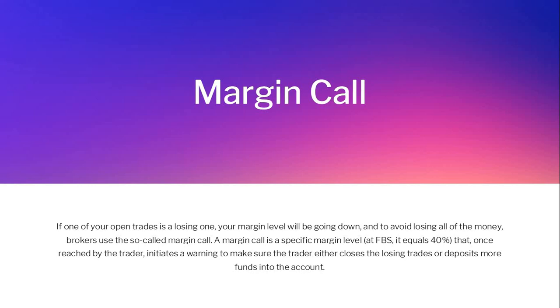It simply means that once it is reached by a trader, a warning comes to make sure that the trader can either close the trades or deposit more funds into the account. So it gives you an option: either you close or you deposit more.